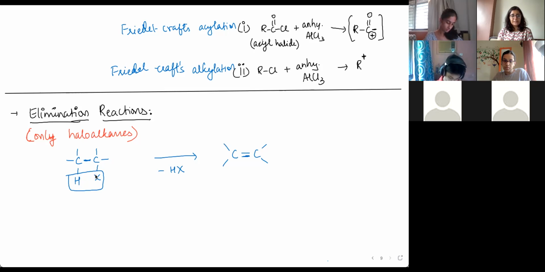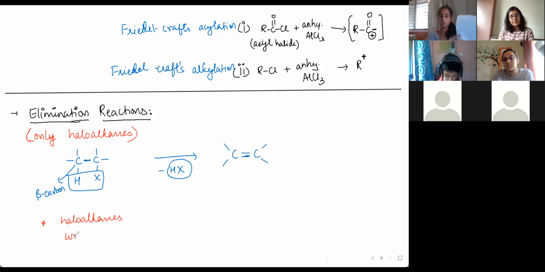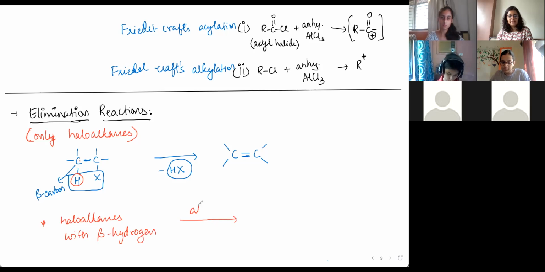Also, because you need a small molecule to go, this is called a beta carbon. So you will find that this reaction takes place with haloalkanes with a beta hydrogen. Beta hydrogen is hydrogen on the beta carbon, when you treat it with alcoholic KOH.